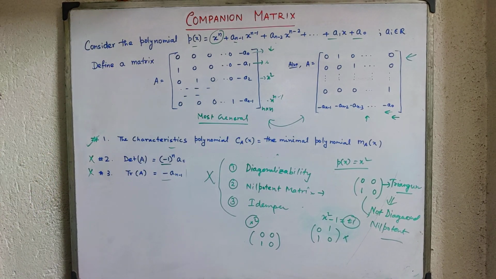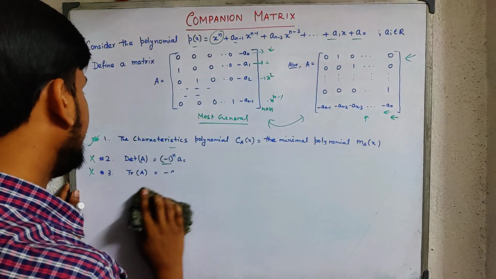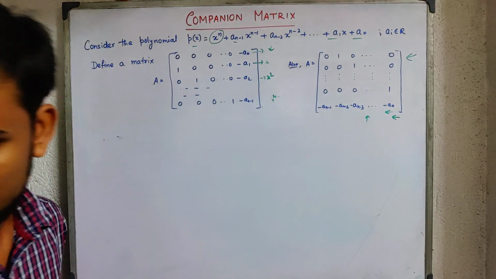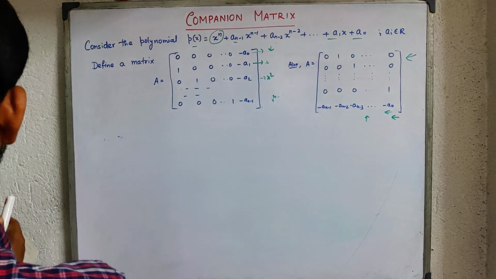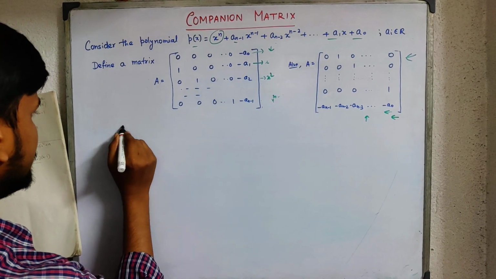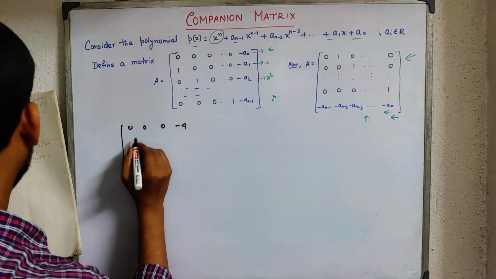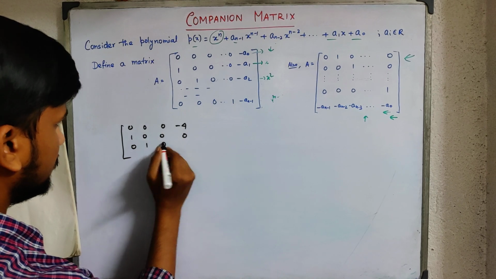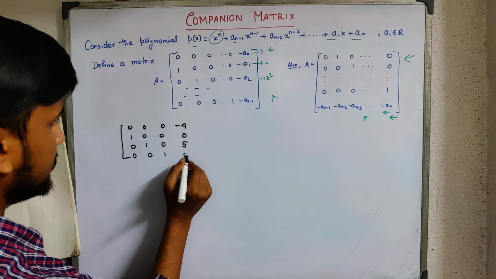Now I take another example and find the determinant, trace and so on for a higher order matrix. Just a moment. Let us take this example: 0 0 0 minus 4, 1 0 0 0, 0 1 0 5, and 0 0 1 0.